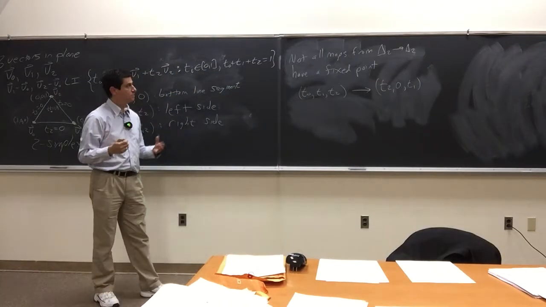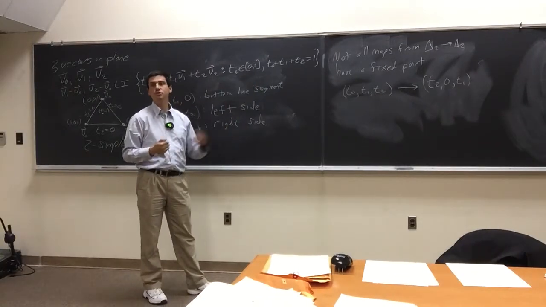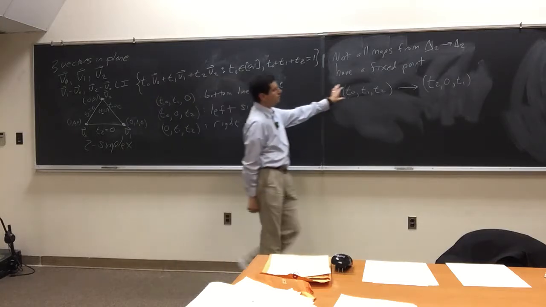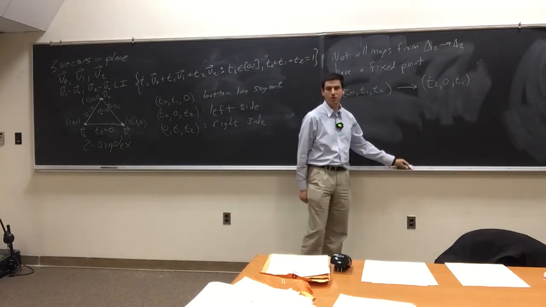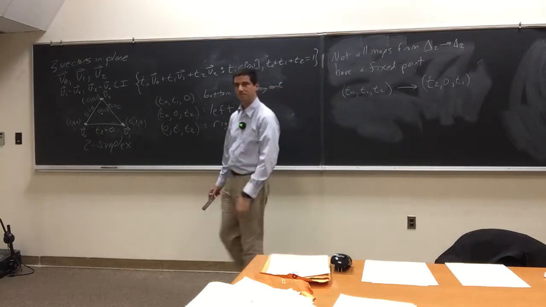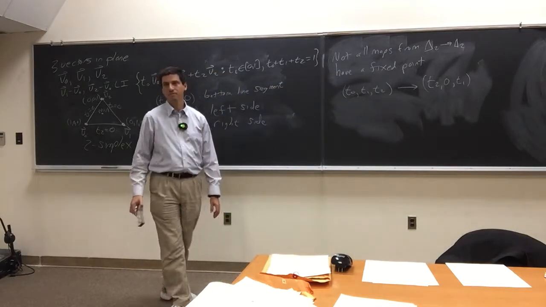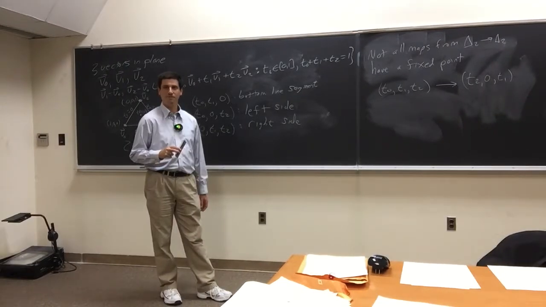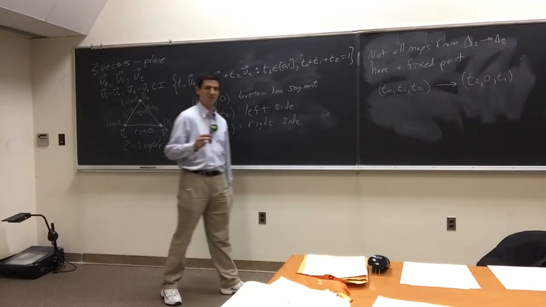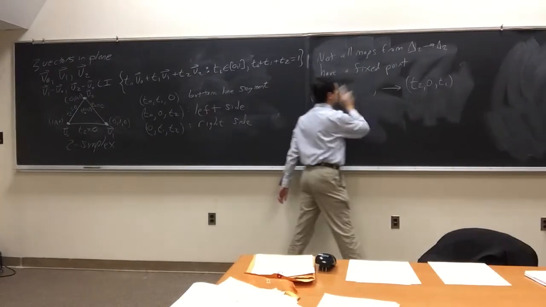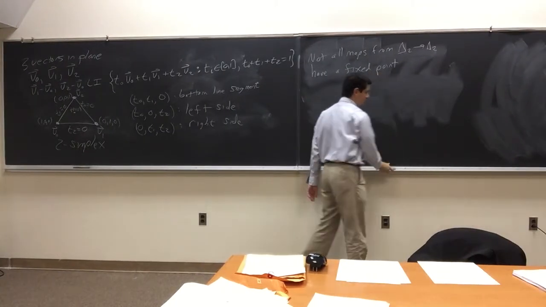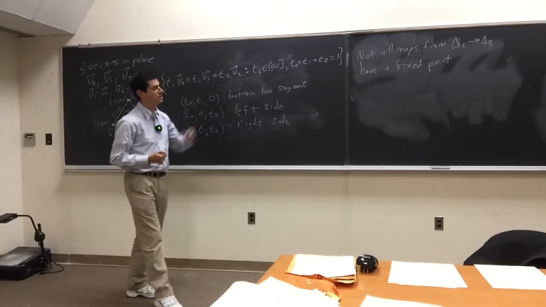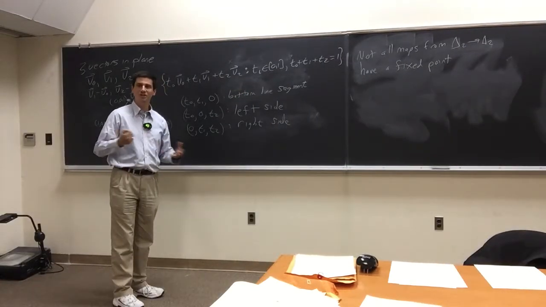We want the map to be from the 2 simplex to the 2 simplex. If it's to a subset, that's fine. But what are you assuming in all these examples that you were giving? You're assuming a property about this function. What property are you assuming about this function? That it's continuous. Right? So far, every example you've given me is continuous. Anybody want to try giving me a counterexample, a function that does not have a fixed point, which is not continuous?